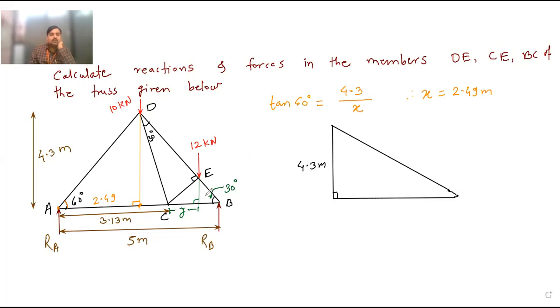Then can we calculate the height of this? Here is point E. This height, if this angle is 30 degree, can we calculate that? 1.56. Okay, how is it 1.56?